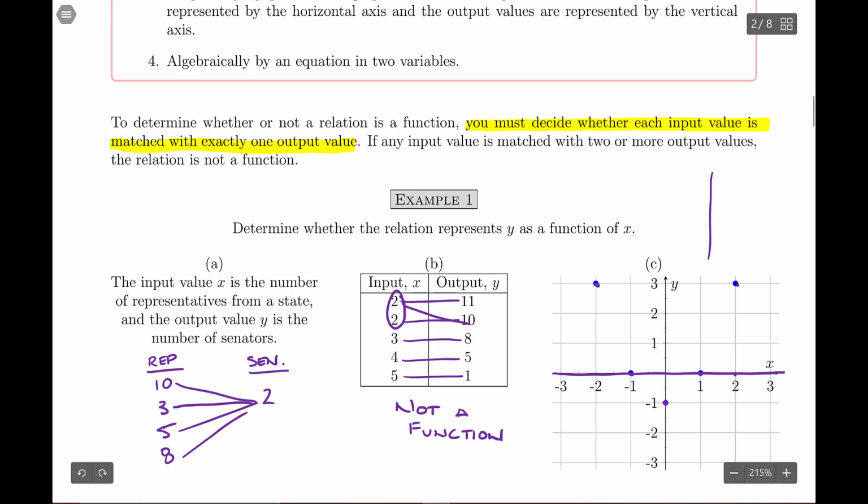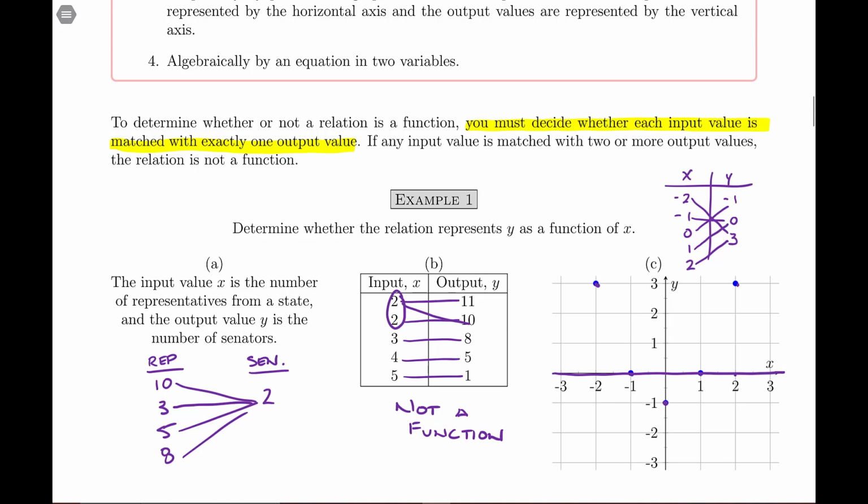So if we put that in a table, we have negative 2, negative 1, 0, 1, and 2. And our outputs, we have negative 1, 0, and 3. So negative 2 maps to 3, negative 1 maps to 0, 0 maps to negative 1, 1 maps to 0, and 2 maps to 3.